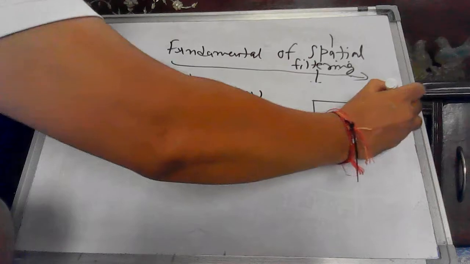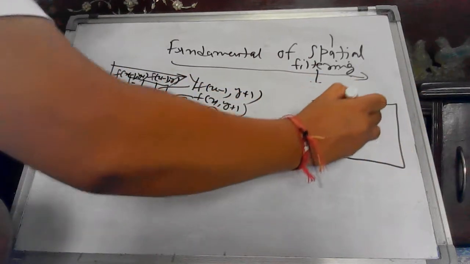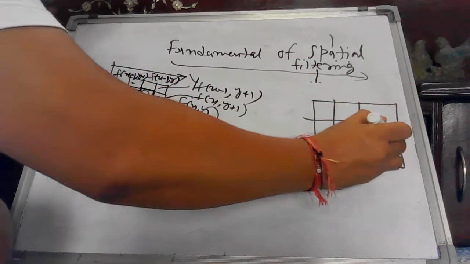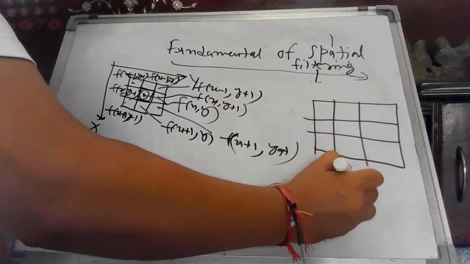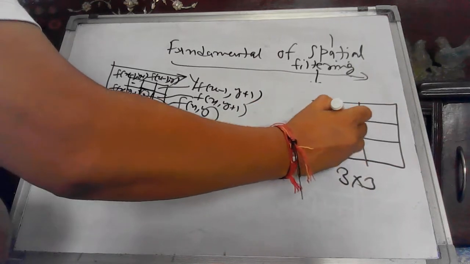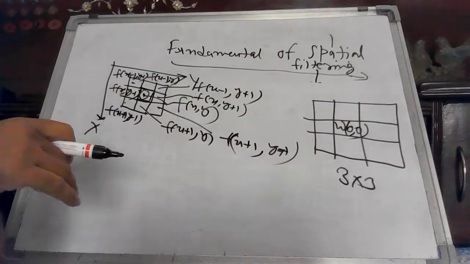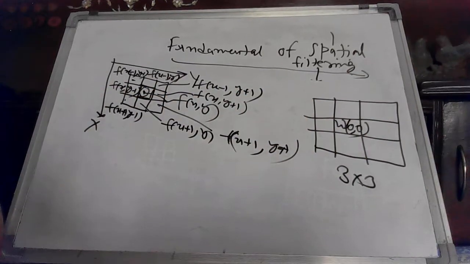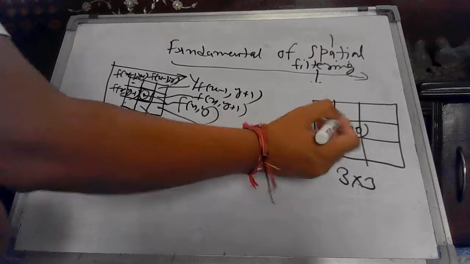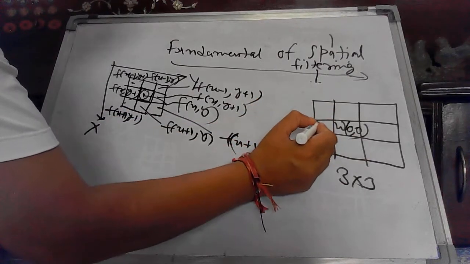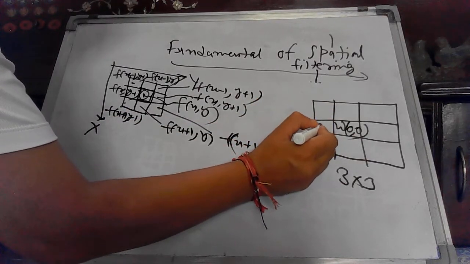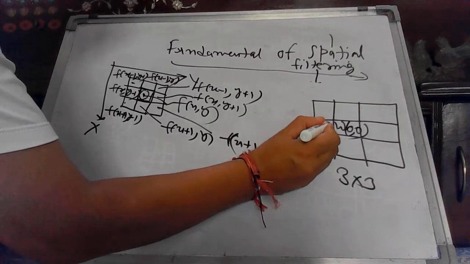So the mask position is represented by W, and let's say you are considering a 3 cross 3 mask. If this is W, this is 0, 0, let's say. This is W 0, 0. Same way we can represent here, this position will be what? This will be 0, but y is minus 1.